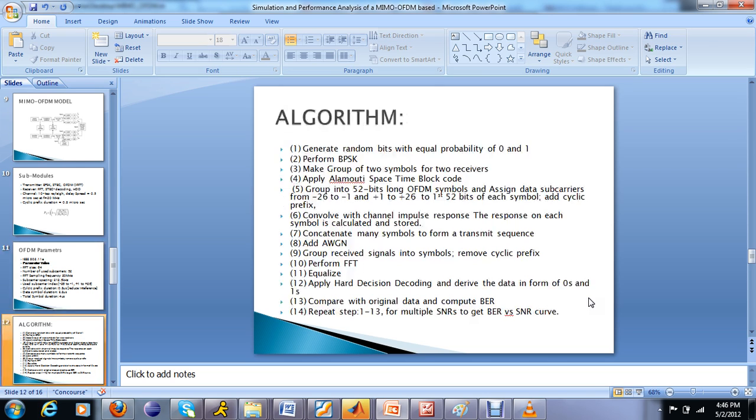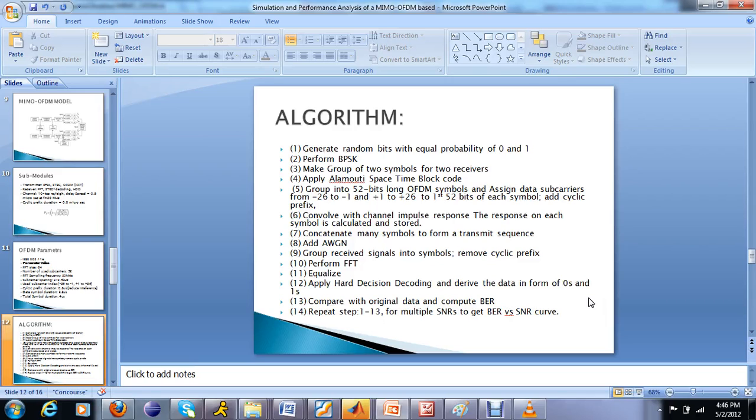The algorithm is to first generate 0 and 1 with equal probability. After that, BPSK is done, and then the symbols are grouped together in twos as there are two transmitters. After that, Alamouti space-time block coding is done, and then the OFDM has to be done.